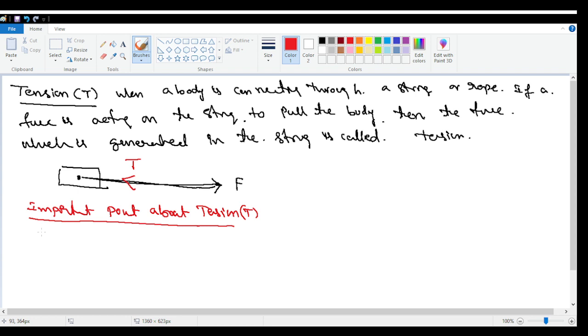That is very important: the tension will always be away from the contacting point.